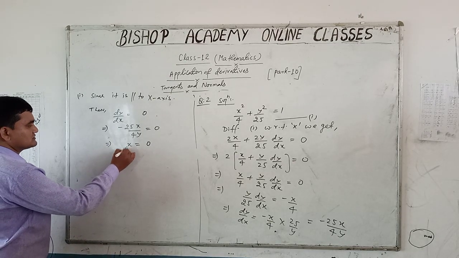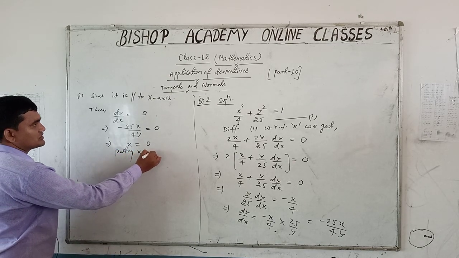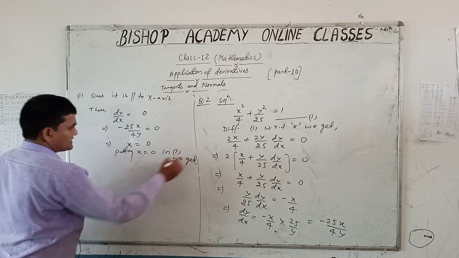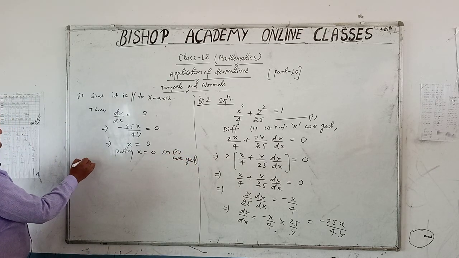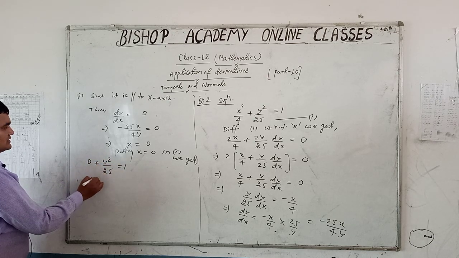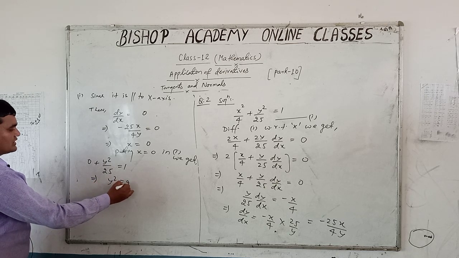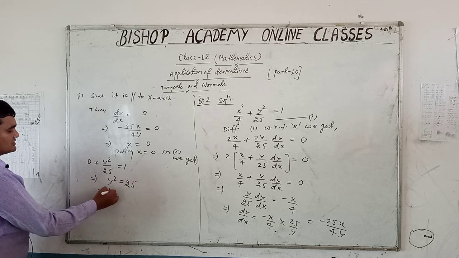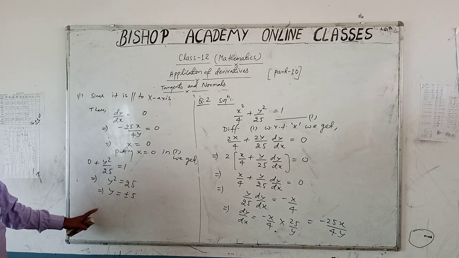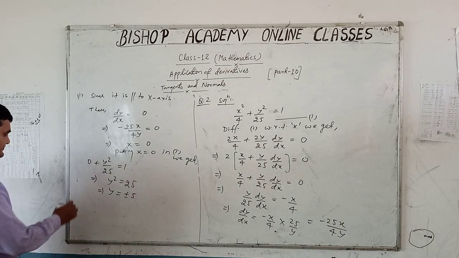Putting x equal to 0 in first, we get 0 plus y square by 25 equal to 1. This implies that y square equals 25, which means y equals plus minus 5.